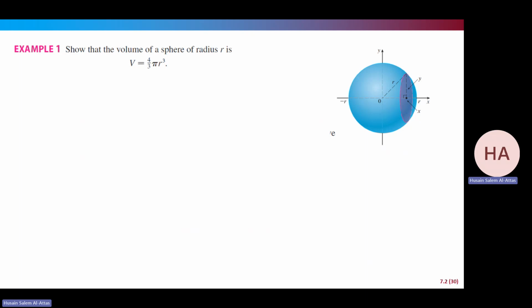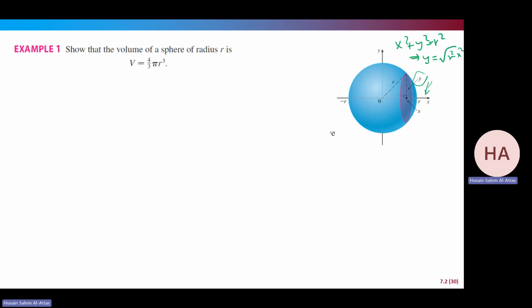Now, this is perpendicular to the x-axis, so everything in terms of x. So I need this radius, this y. This is a circle, and I have x squared plus y squared equal r squared. It means y will be, using the positive side, the square root of r squared minus x squared.